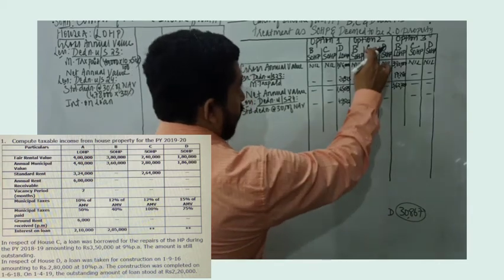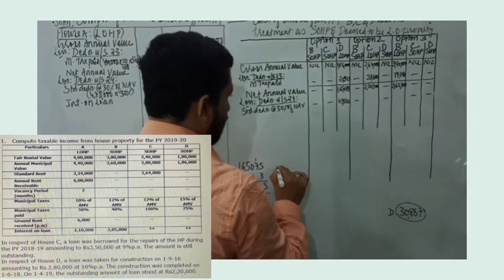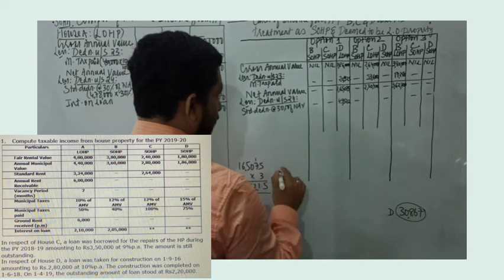As far as option 2, house C is concerned, 2,30,400 into 30%.